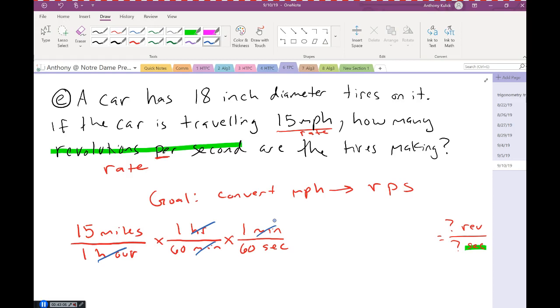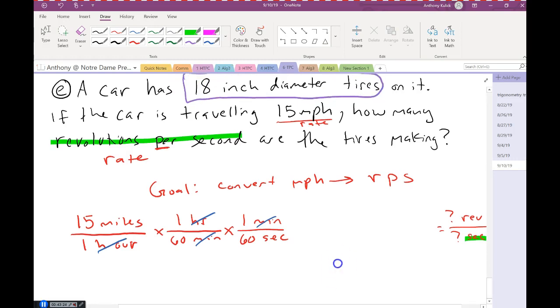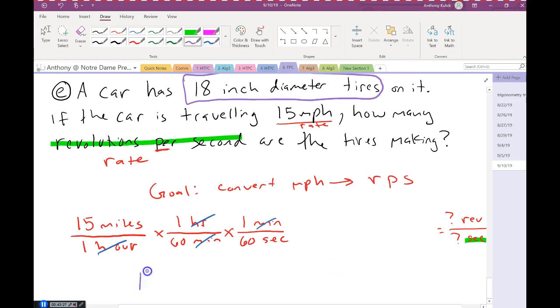What we still need to do is convert miles into revolutions. That's a little bit trickier. What other piece of information have we been given here that we haven't used? 18-inch diameter tires. So let me ask the question, how far is 1 revolution?